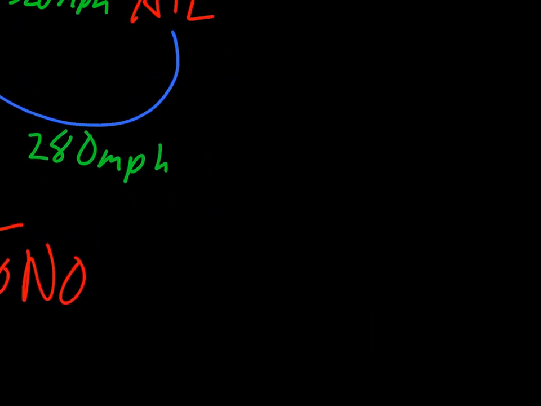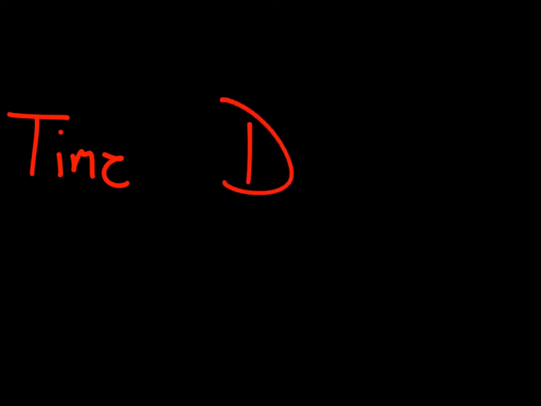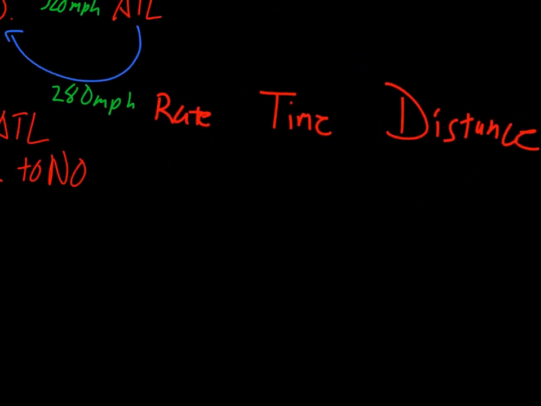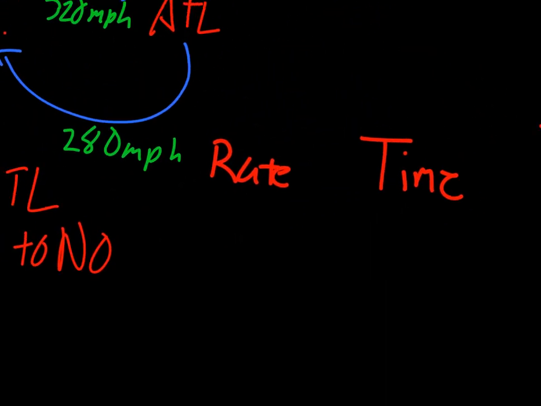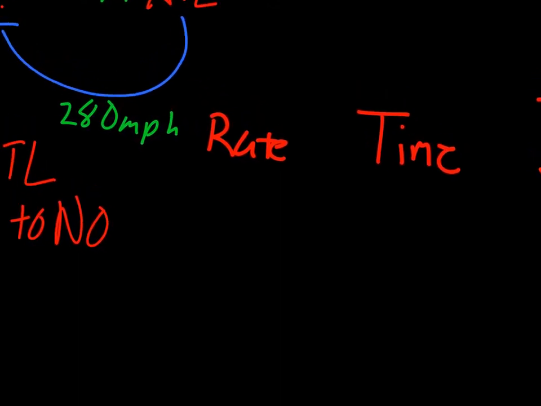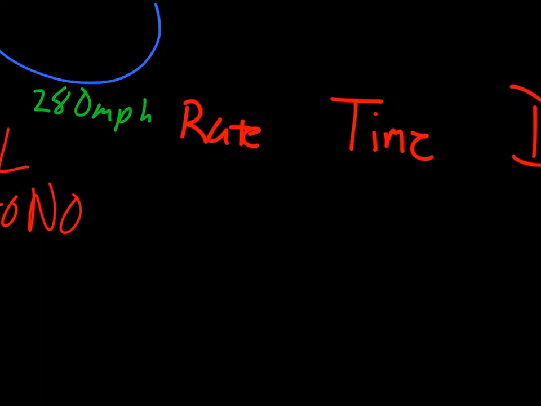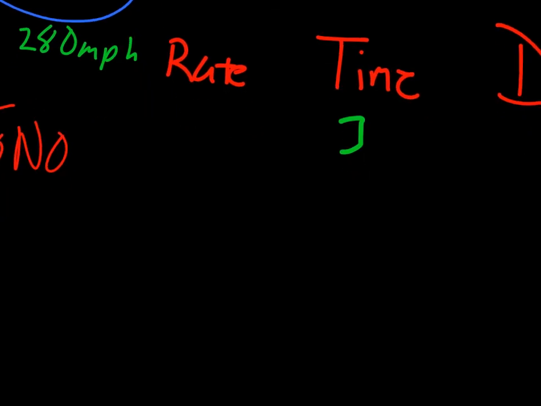So we want to know the rate, the time, and distance, right? Oh, and yes, the last little bit of information was the total travel time is 3 hours, okay? So what we don't know is the distance. So we do know that the time is 3 hours total.